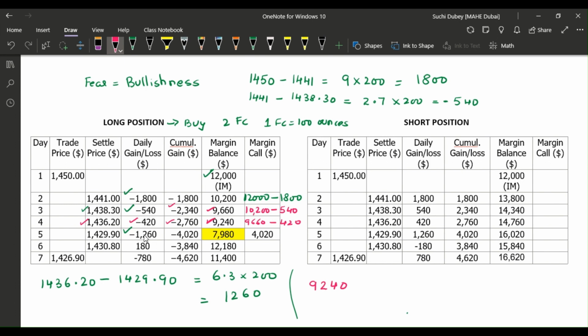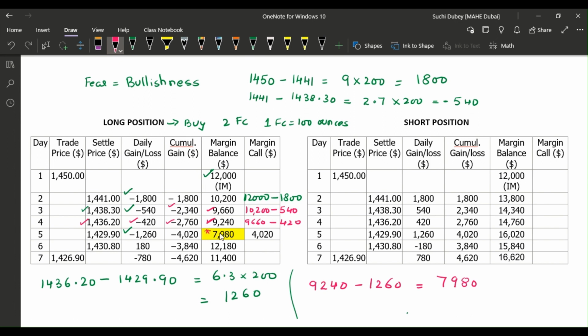How much is the loss I incurred at the end of the fifth day? It is 1260. If this trade gets executed, my 9240 will be further reduced. So 9240 minus 1260, my account balance will go to 7980.